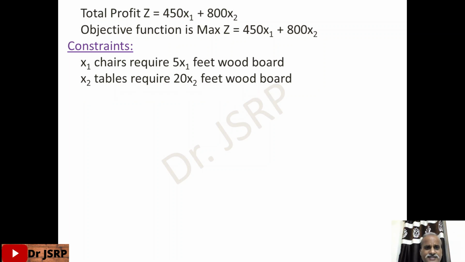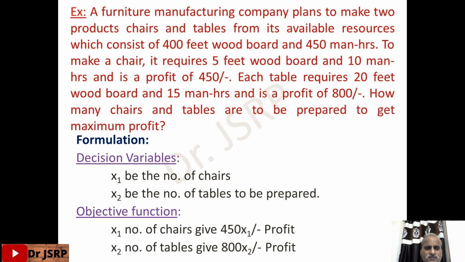But how much wood board does the manufacturing company have? 400 feet wood board. So what is the relation between these two? Used wood board is 5x1 plus 20x2. Available wood board is 400 feet. The manufacturer cannot use more than 400 feet wood board.